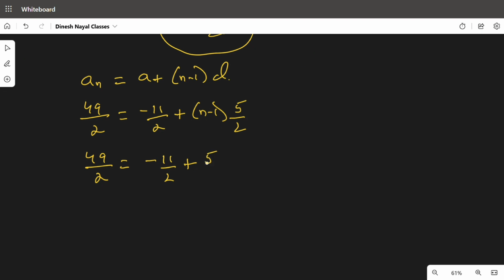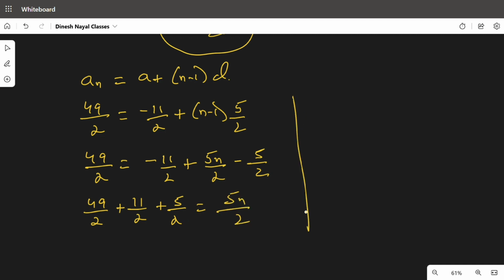So this will be 5n by 2, and since this is minus 1, minus 5 by 2. What we can do is take the minus 11 by 2 and the minus 5 by 2 to the left hand side. So let's write 49 by 2 plus 11 by 2 plus 5 by 2 equals 5n by 2.